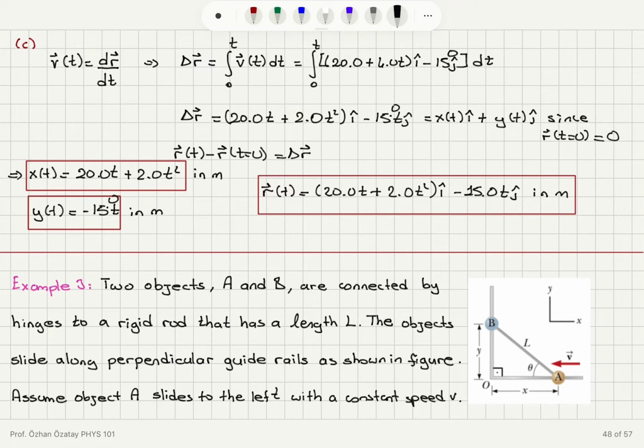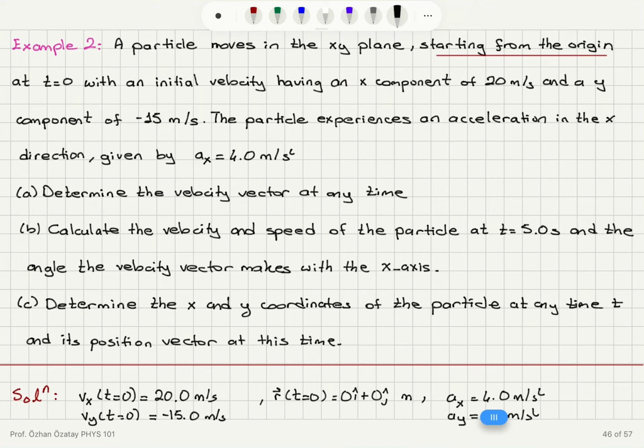Okay, so to summarize, we have an example of two-dimensional motion where we have an initial velocity with x and y components, x component positive 20 meters per second, y component minus 15 meters per second, under a constant acceleration of 4 meters per second squared on the x-axis. There's no y acceleration. We want to know velocity and position as a function of time, and at a particular time we want to know the velocity, speed, and the angle with the x-axis.